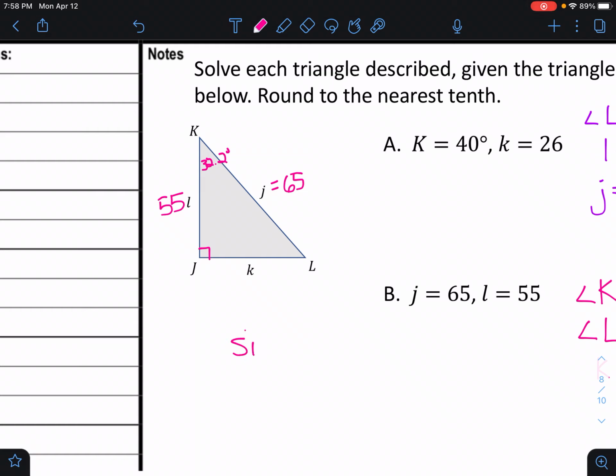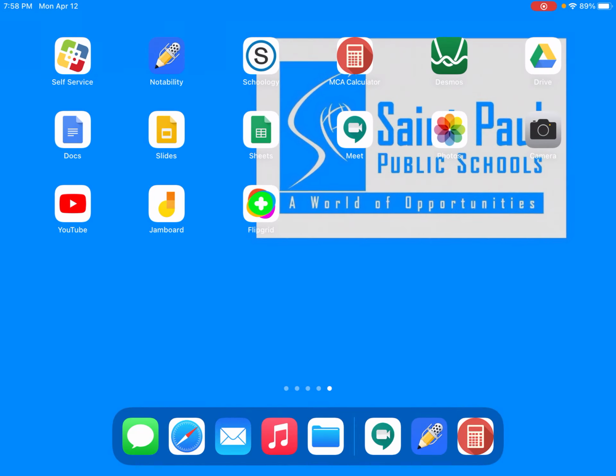So I'm going to say sine of 32.2 degrees is equal to opposite over hypotenuse. So then if I just multiply by 65, I get my answer. I'm going to just type that in. 65 times sine of 32.2.